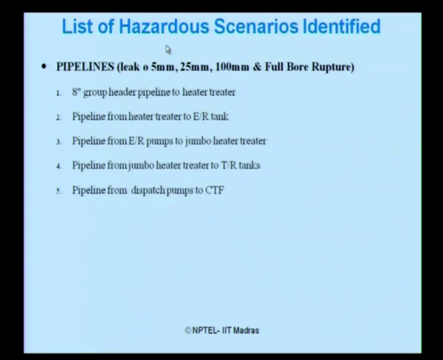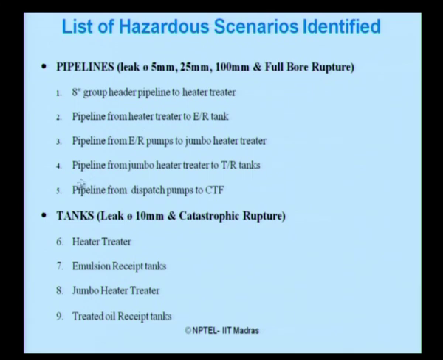What is the list of hazard scenarios identified by me? I have grouped them into two, one for the pipelines and the other for the tanks. For the pipeline, I am looking at different diameters of leak, varying from 5 millimeter, 25 millimeter, 100 millimeter, and a full bore rupture. In the pipeline segments, I look at an 8 inch group header pipeline coming to the heater treater, the pipeline from heater treater to the ER tanks, the pipeline segment from ER pumps to jumbo heater treater, the pipelines from jumbo heater treater to TR tanks, and the pipeline from the dispatch pumps to CTF.